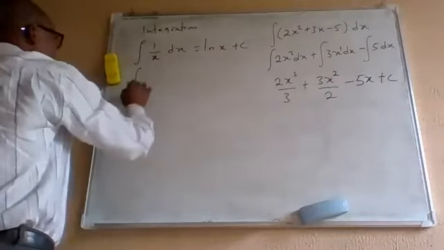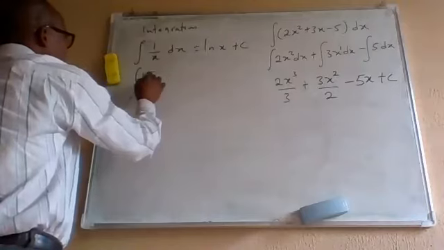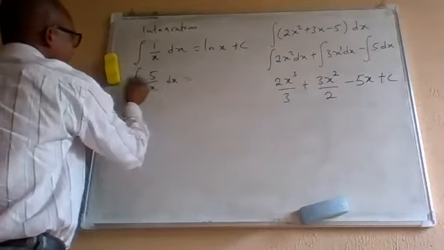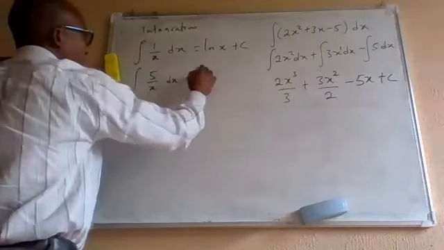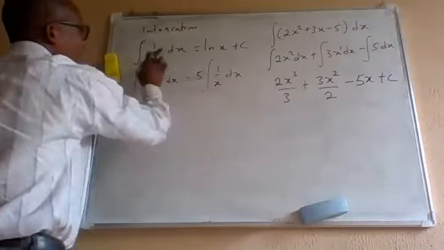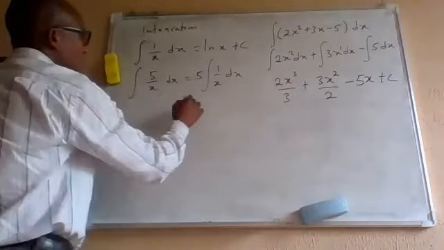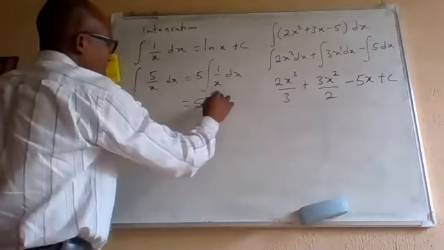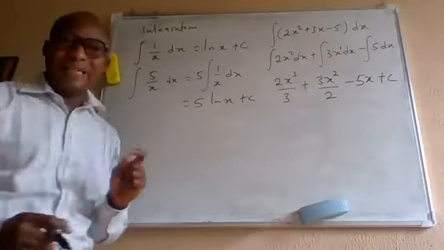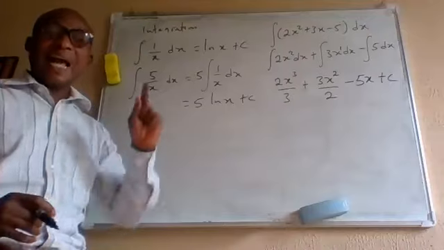Let's say you are given the integral of 5/s dx. As it is, I can rewrite it. I can take this 5 out of the integral, that is 5 times the integral of 1/s, so that it will look like the first one. So if you integrate, this will be 5 ln s plus c. So the integration of 1/s is ln s.